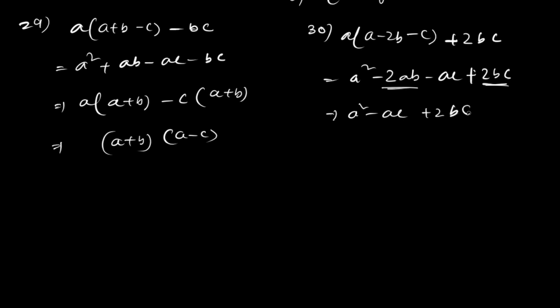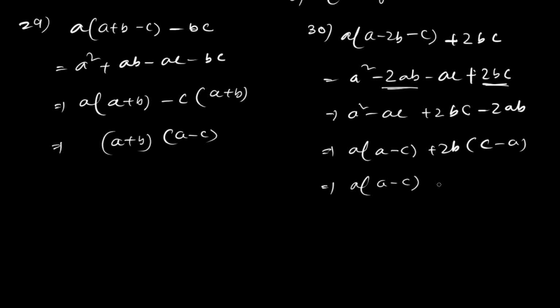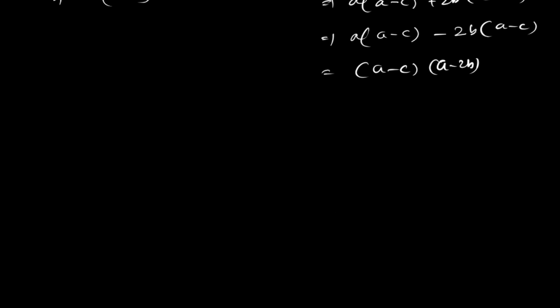I don't know what's going to happen, but I'm going to write it this way. So a, take a minus c, and if I take 2b common, it will be c minus a. So I have to just change the sign in order to get a similar term, a minus c. And I can take a minus c common. I will be left with a minus 2b. Okay, that's the 30th question.